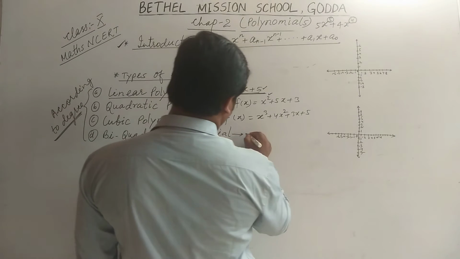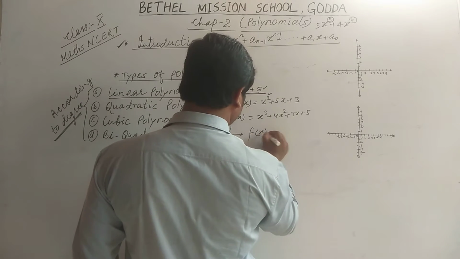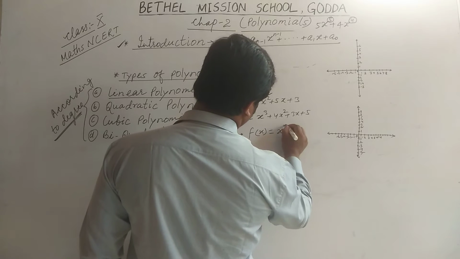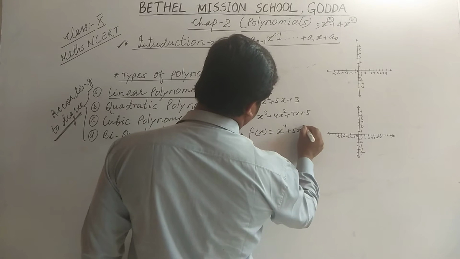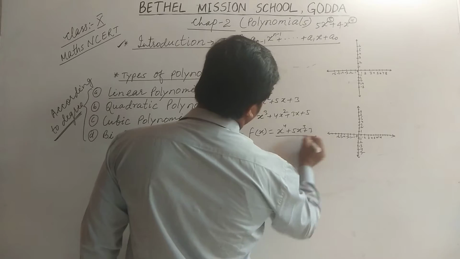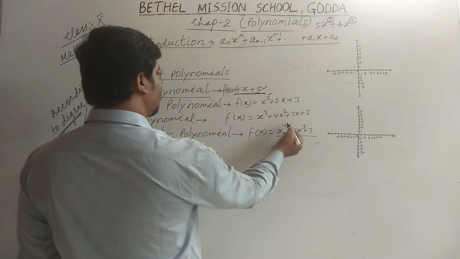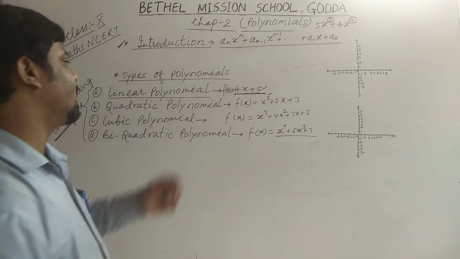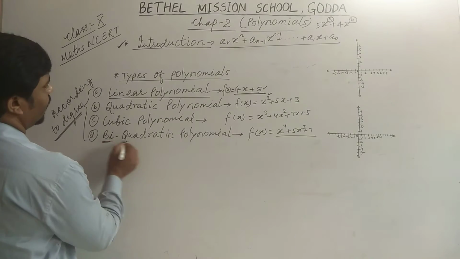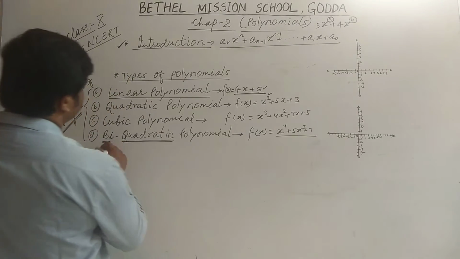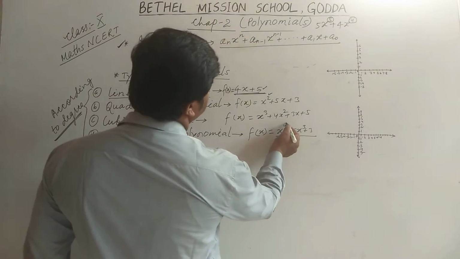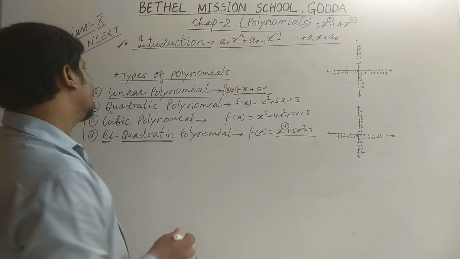And in a biquadratic polynomial the degree will be 4, for example x^4 + 5x^3 + 3. You can see the degree of this polynomial is 4, so this is a biquadratic polynomial. Bi means 2, and quadratic means square, so 2 times square, and the degree is 4.